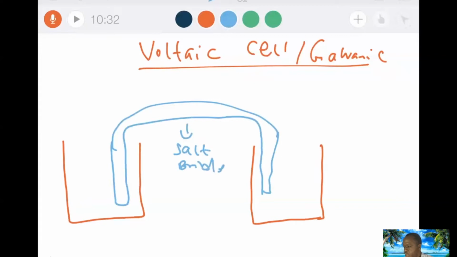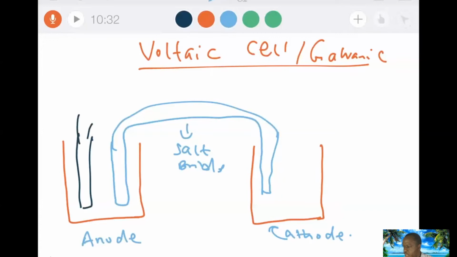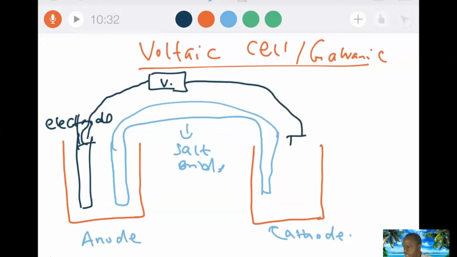And here is the anode, and here is the cathode. This is an electrode. It's just a piece of metal. You'll see that in the lab. We call this electrode, and there is a wire. You're going to use a voltmeter here to read some force. And then going to another electrode.